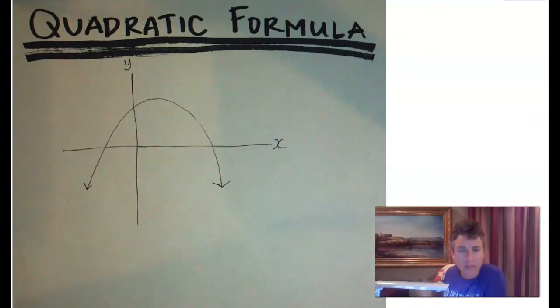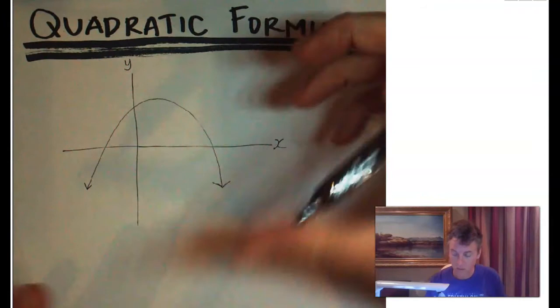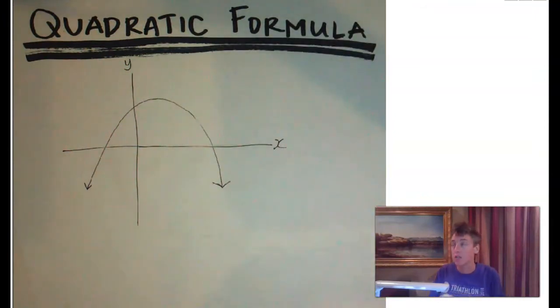Now, why are we talking about the quadratic formula? Well, because quadratics model things in the world that happen pretty frequently because of gravity. What do you mean, gravity? Well, say, for example, we had some sort of object and it got tossed up in the air and then started falling down.